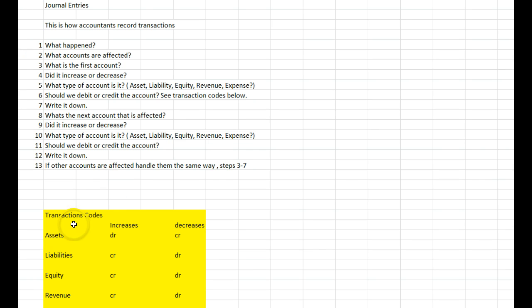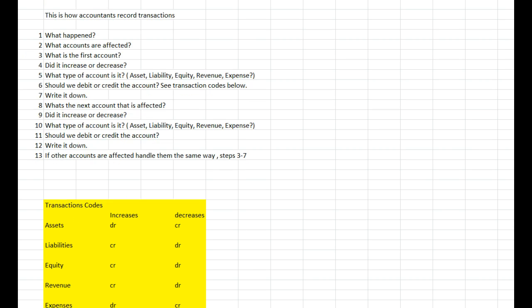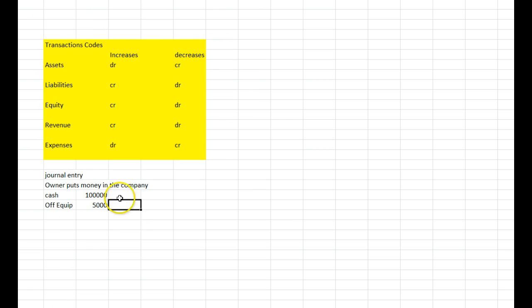Should we debit or credit? Asset increase, that's a debit. So we're going to write down drafting equipment. Now I'm abbreviating. Debit, $60,000. Debits go on the left, right? Okay.